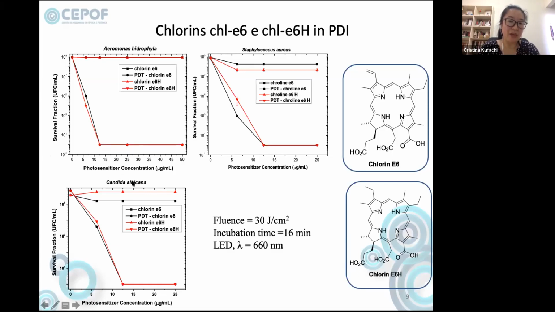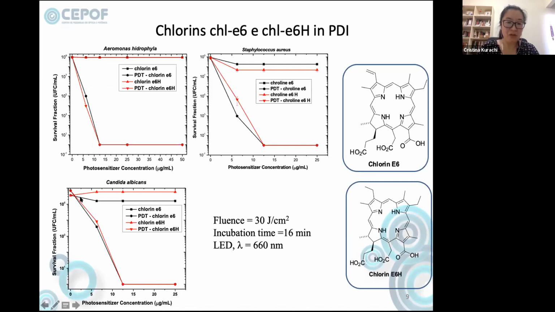And then as you can see here, in planktonic cells there is quite a very nice inactivation response that we can achieve with PDT. For instance, from bacteria, we are going from 10 to the 9 log units up to a complete inactivation of those organisms.